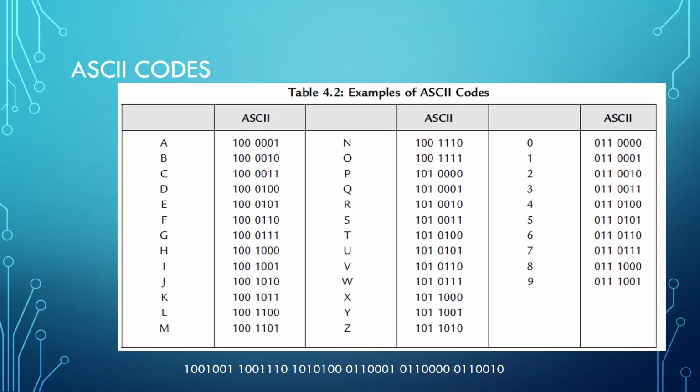We have this table that says, hey, I need to transmit this data over a serial connection from computer A to computer B, and I'm going to send it 1001110.